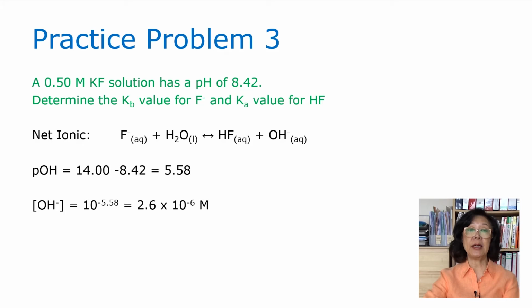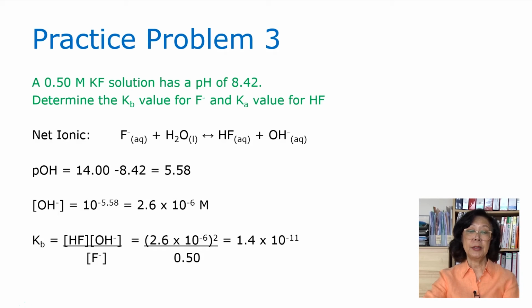From that, we can then take the antilog and find the hydroxide ion concentration being 2.6 times 10 to the negative 6 molar. Now we set up the Kb expression, which is HF times hydroxide ion over F minus ion.